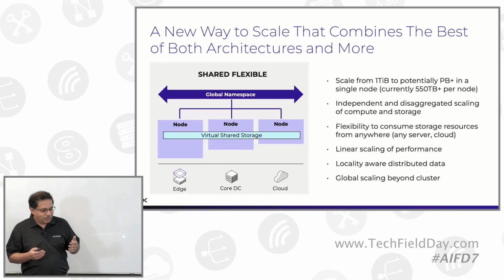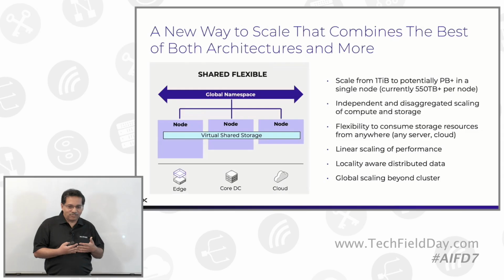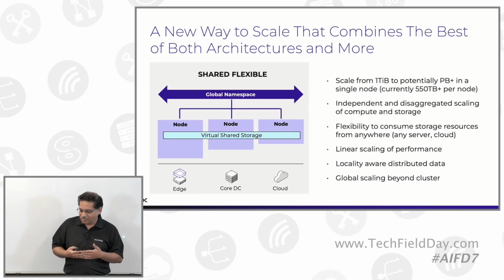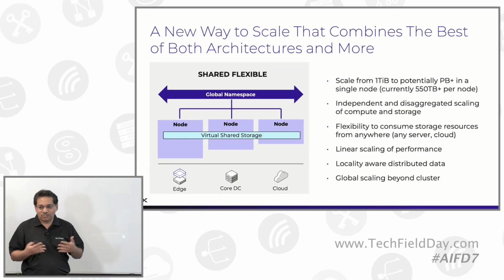And so we want to build an architecture that takes the best of both worlds, and we call this architecture shared flexible. The idea here is to provide a global namespace across a cluster of nodes, but you're accessing shared storage that's virtual, right? Rather than every node bringing its own storage, the nodes are flexible enough.